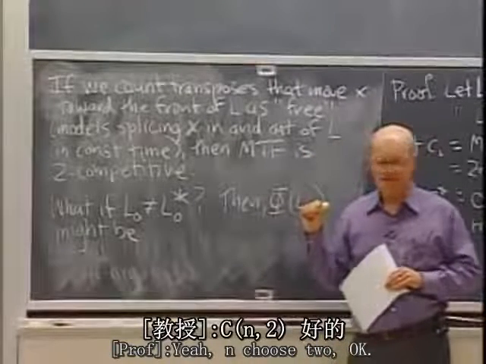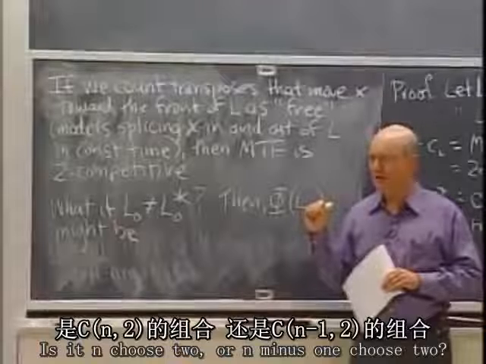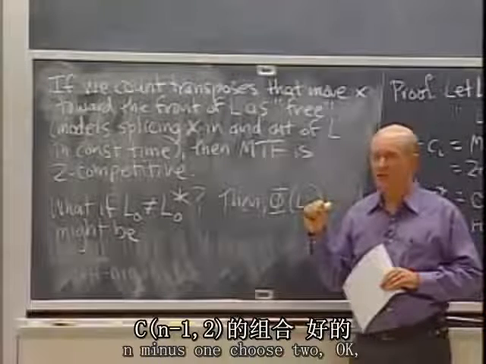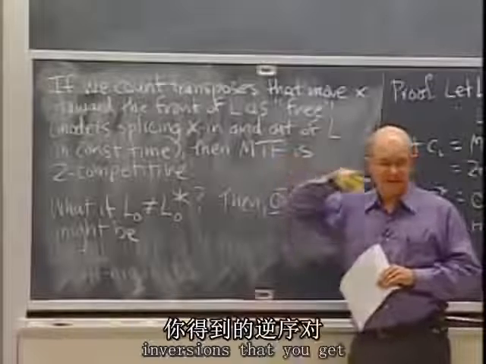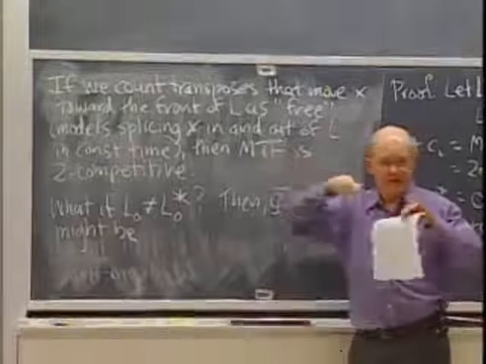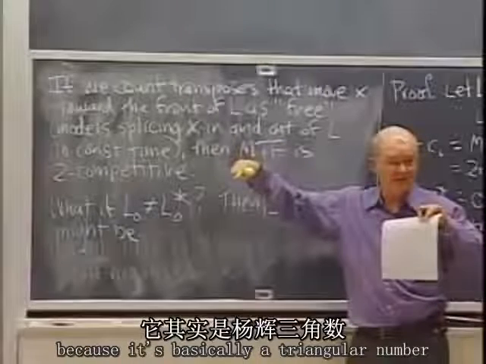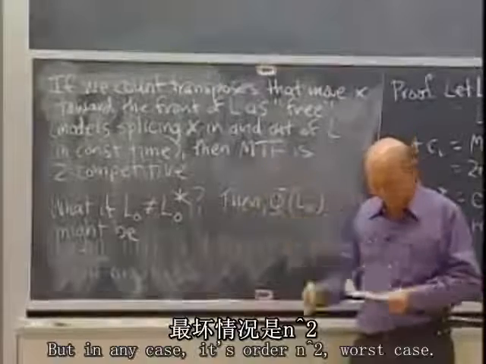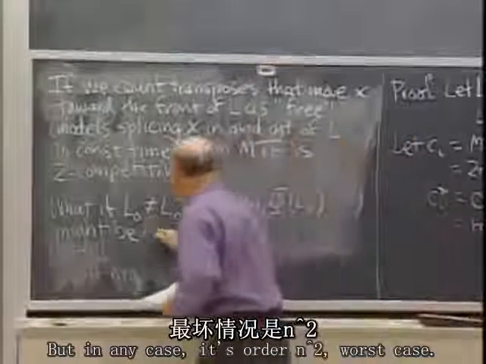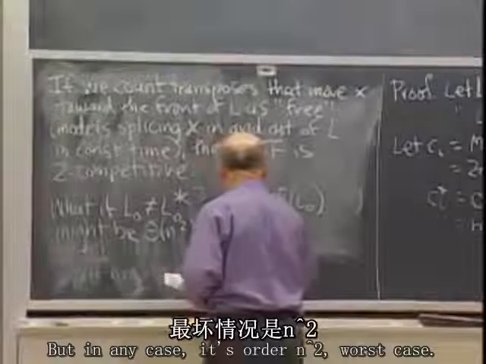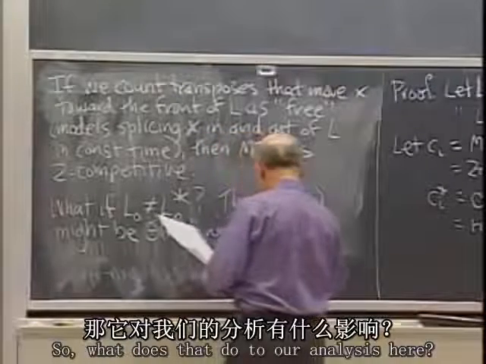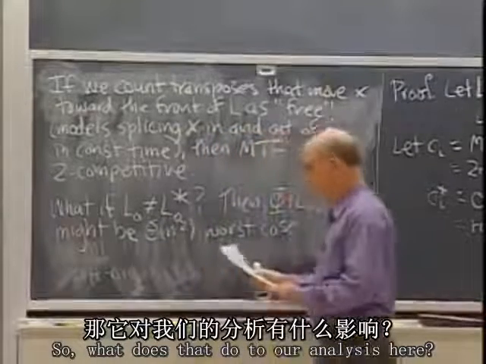Is it n choose 2 or n minus 1 choose 2? n minus 1 choose 2. That's the number of inversions you get, because basically it's the triangular number when you add them up. But in any case, it's order n squared in the worst case. So what does that do to our analysis here?